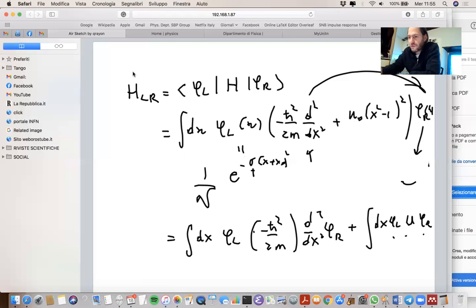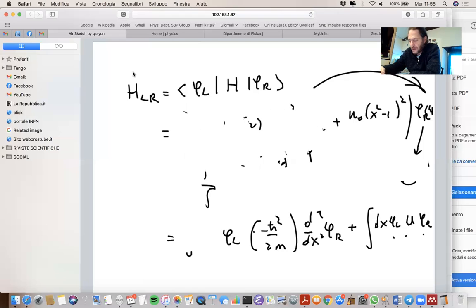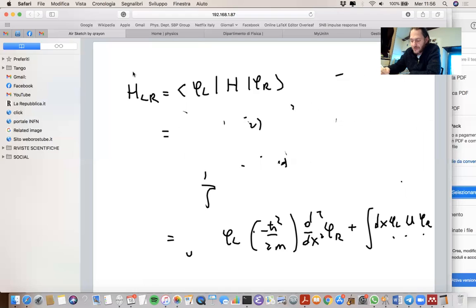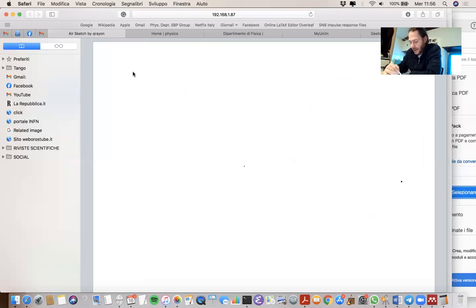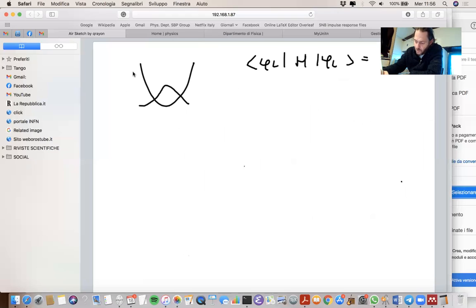Now, in this lecture, for the sake of time, I'll not compute this integral, but I simply state that I expect this to be a much smaller number than the ones that I evaluated before, because the ones that I evaluated before, the diagonal terms, concern psi L, H, psi L, and this was 1/2 h bar omega.